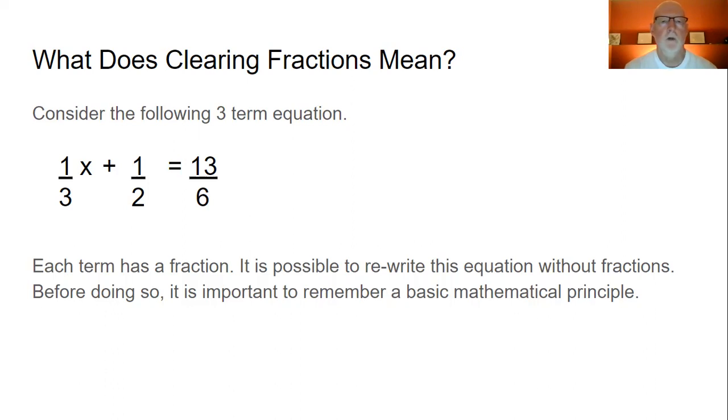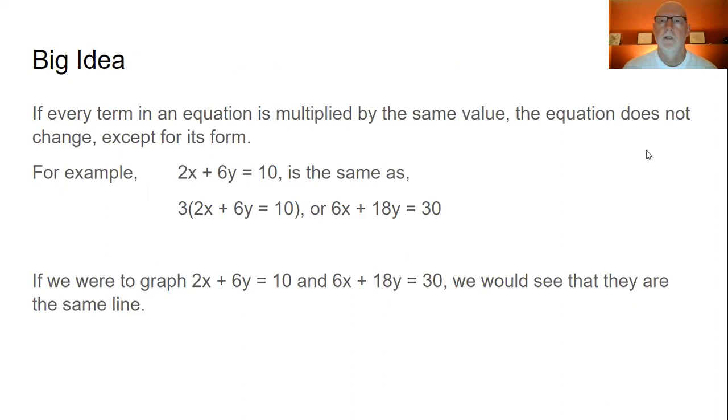But before doing so, it's important to remember one of the basic mathematical principles that applies in this situation. So the big idea is this. If every term in an equation is multiplied by the same value, the equation does not change except for its form.